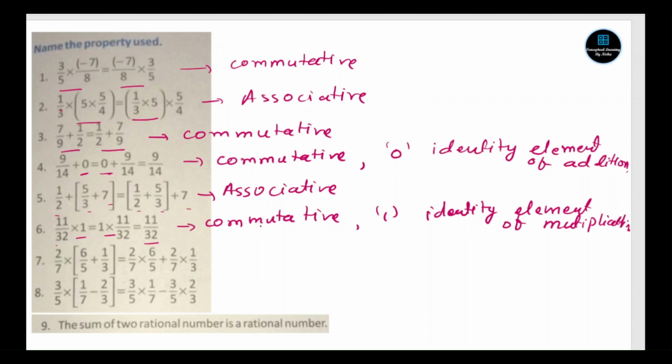I hope you understood this. Now tell me which property. See, multiplication sign and addition sign, and then the numbers are written this way. So yes, distributive. Very good. And here also distributive. This is distributive, multiplication over addition, right?